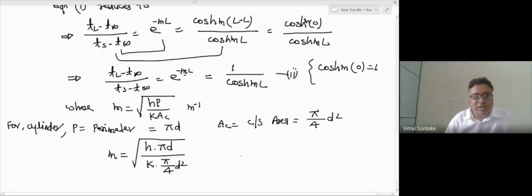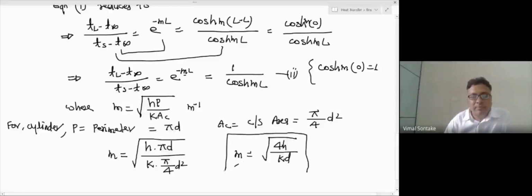So from here the value of m will be square root of 4h over kd. Let's say this is equation number 3.